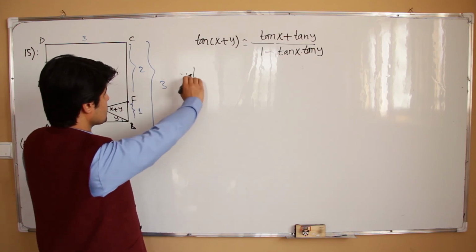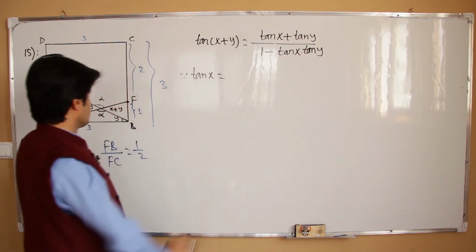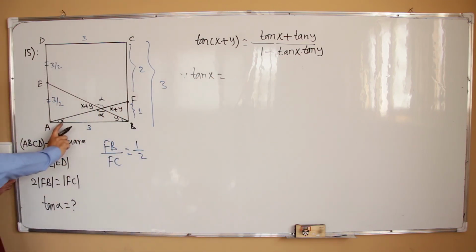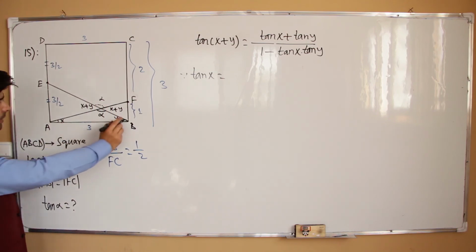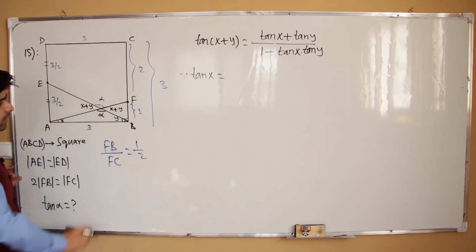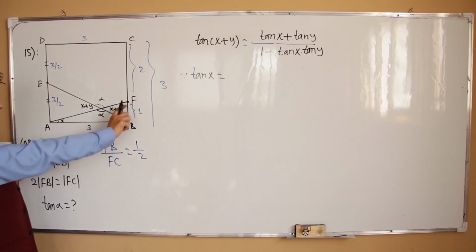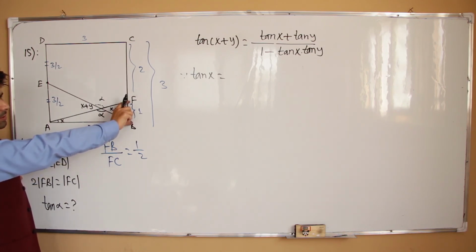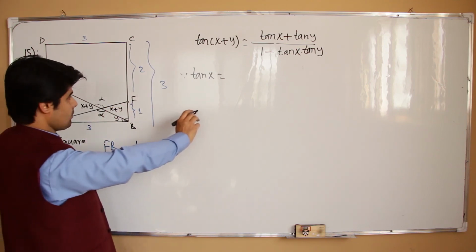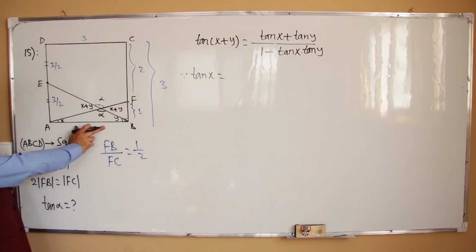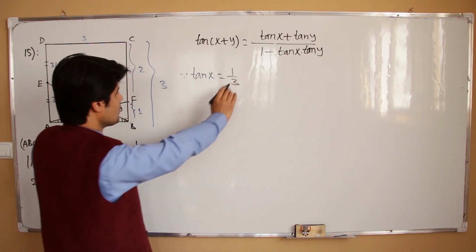What's tangent of x? Is it located in a right angle triangle? Yes, this is our right angle triangle. So tangent of x is opposite by adjacent, 1 by 3. Tangent of y.